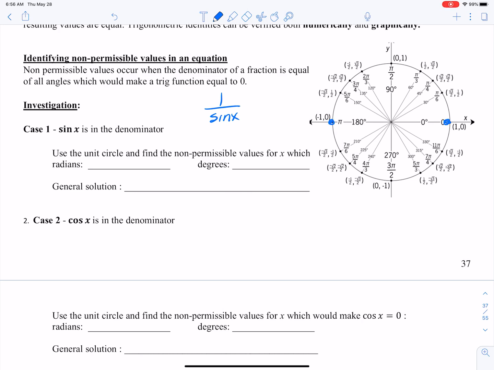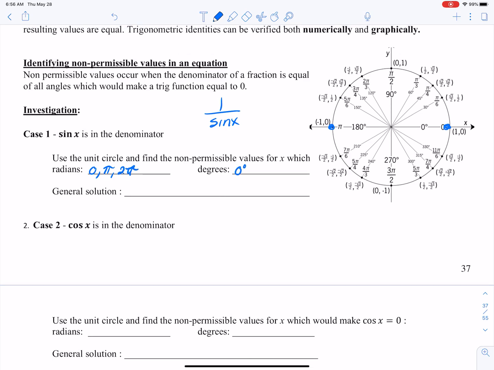So in radians, it would be 0, pi, 2 pi, or in degrees, it would be 0 degrees, 180 degrees, or 360 degrees. So the general solution would look like pi times n. Actually, we should put x cannot equal pi n, or x cannot equal 180 times n.